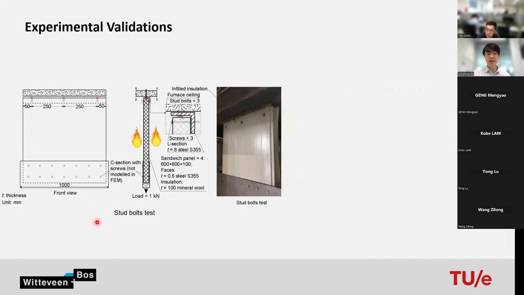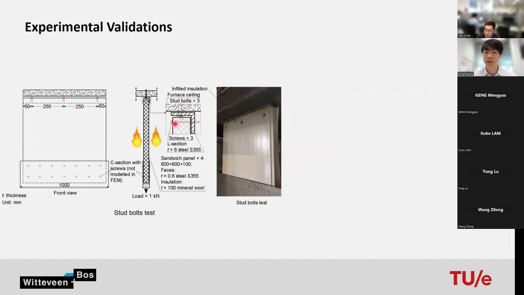And the second test I did was called the stud bolt test, in which we fixed the center panel inside the furnace, as you can see here. The intention for this test was to test the fire resistance of the stud bolt. But the stud bolt did not fail during the fire, but the screw connections failed during the test.